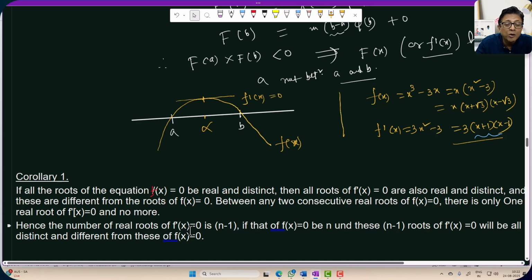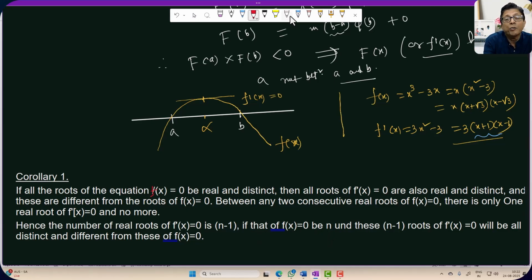Number of real roots of f dash x equal to 0 is n minus 1. If you have taken a polynomial of nth degree, and its n roots are real and distinct, then f dash x equal to 0 has n minus 1 roots, real and distinct. You understand?